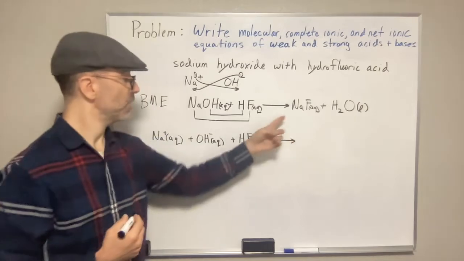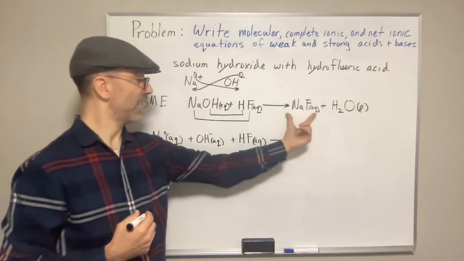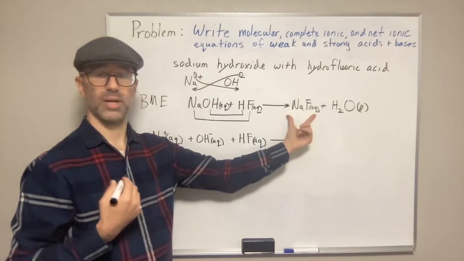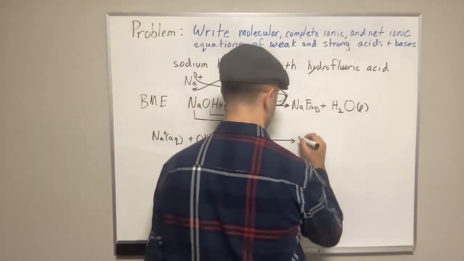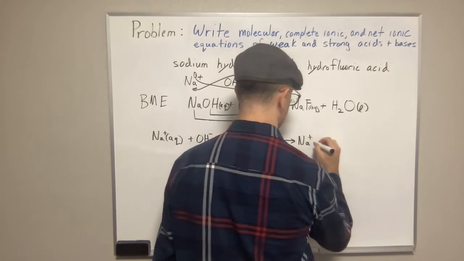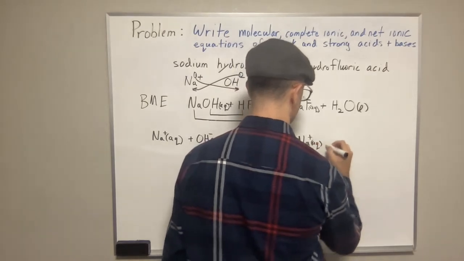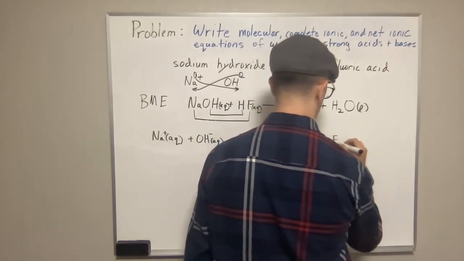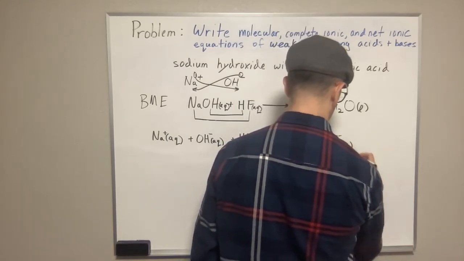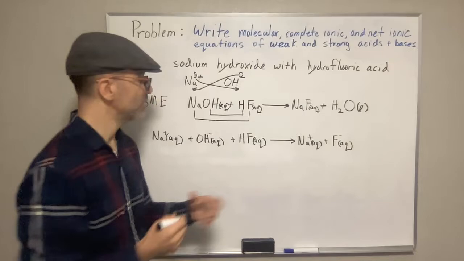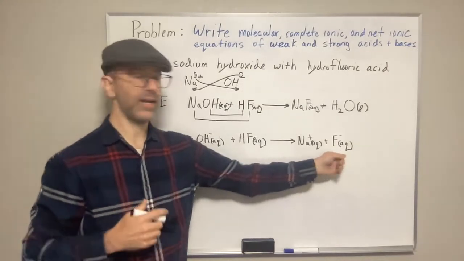Here, the sodium fluoride is an aqueous solution. This is soluble in water, so that's going to be separate. Again, we're going to have our Na plus aqueous plus our fluoride ion, aqueous. Okay, and we do have a fluoride ion. Why?